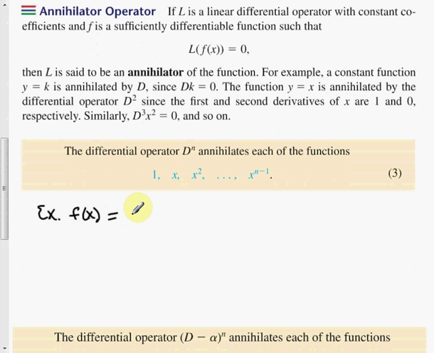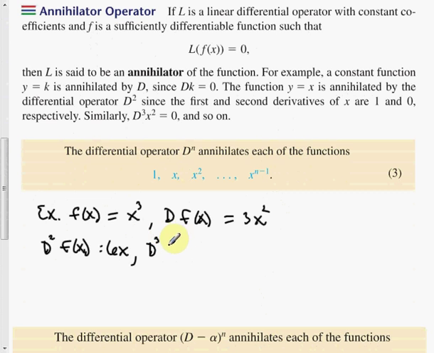For an example, here, if f of x is equal to, say, x to the third, so here, D on f of x is 3x squared. D squared applied to f of x is 6x. D third applied to f of x is 6.